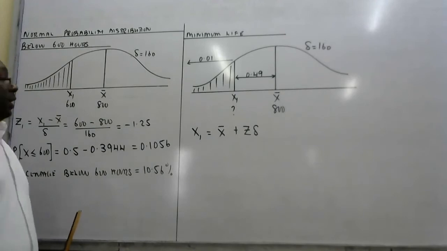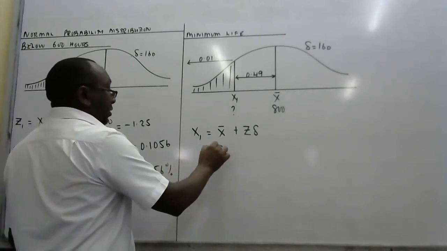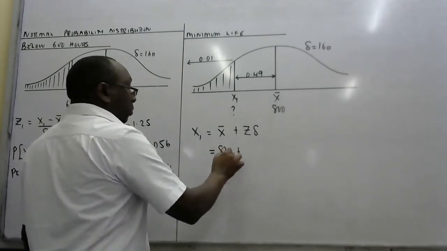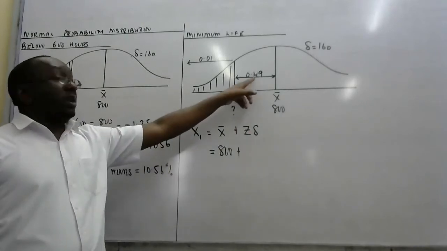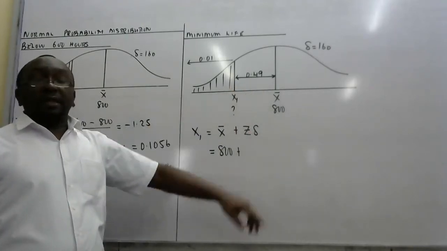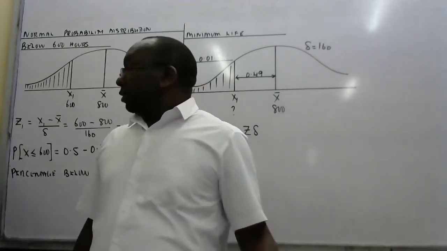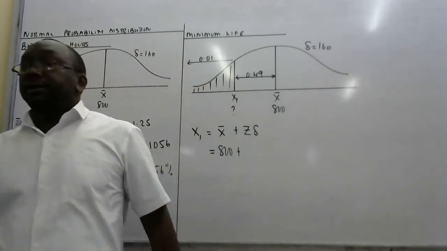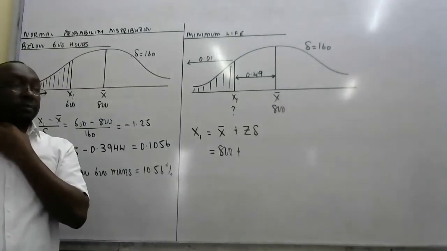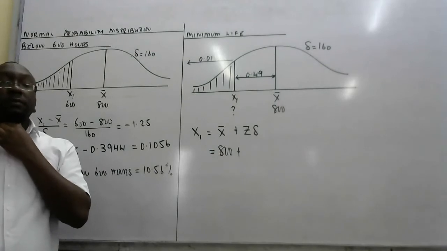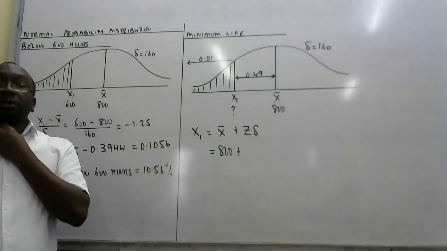Now, X bar we already know is 800, plus, go to the tables, inside the tables, look for 0.49.